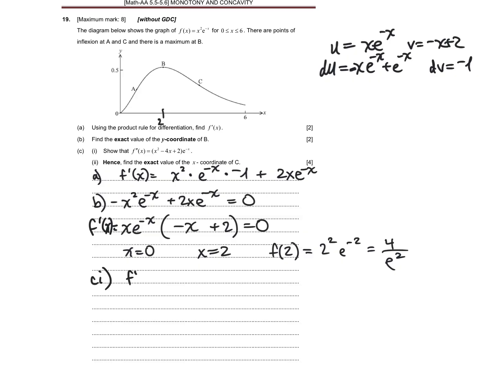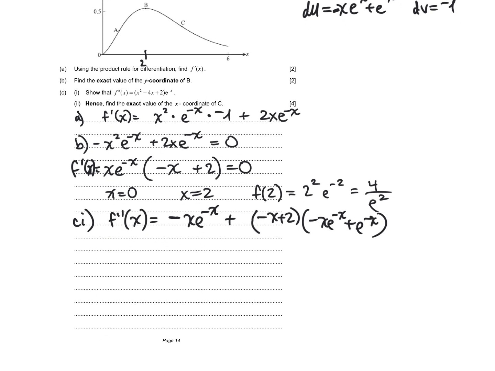Okay? So second derivative is going to be u times dv, which is just negative x e to the negative x, plus v times du. And we can actually easily, so here, whatever.